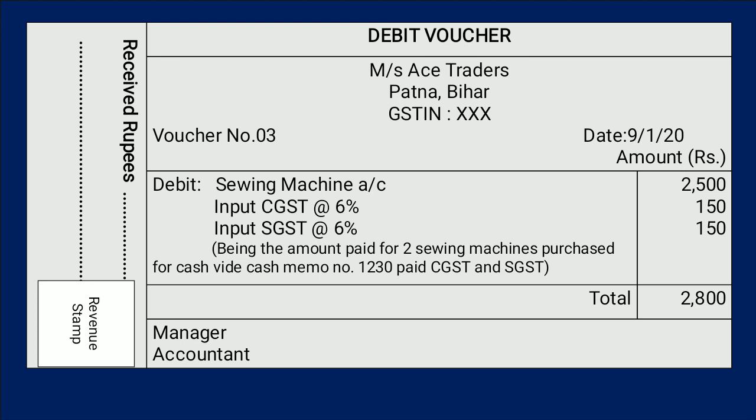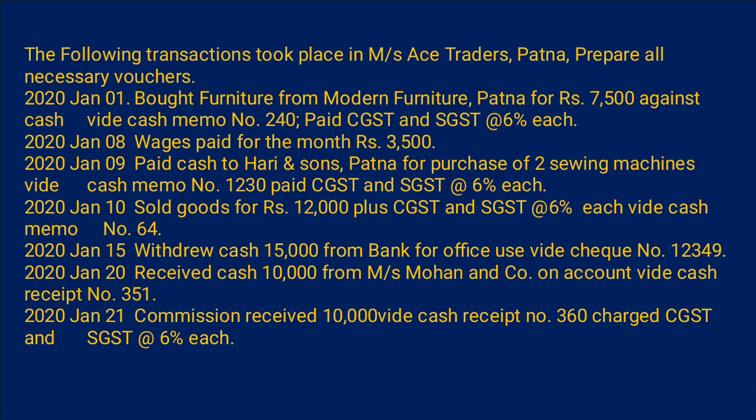The total cost of the machines was 2,500, and CGST and SGST of 6% each. So 6% of 2,500 will be 150 and 150. So the total amount will be 2,800.